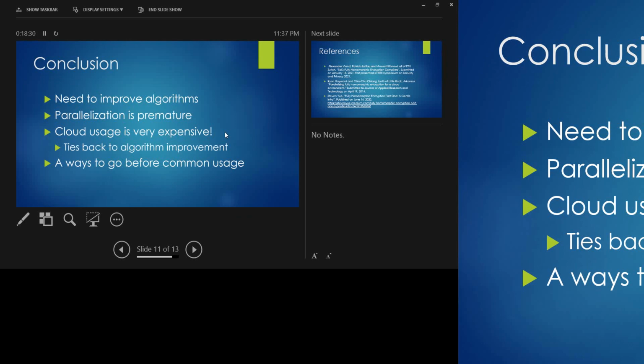They perhaps need more optimization. Overall, in that regard, the parallelization element is a little premature because there is noticeable improvement, but it's not so noticeable that it makes up for the fundamental problems underlying FHE.